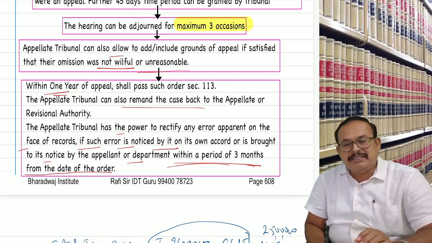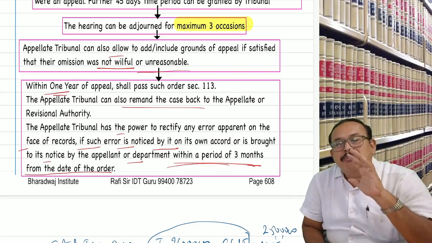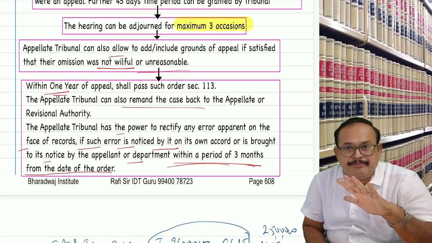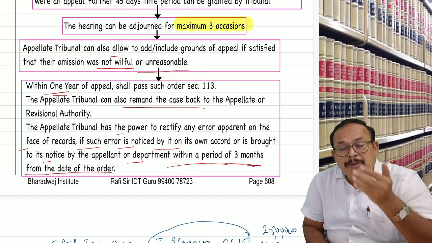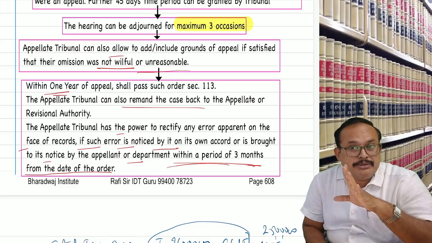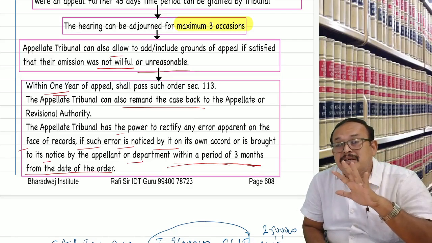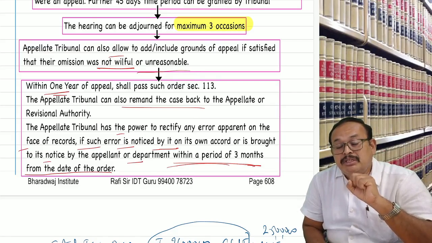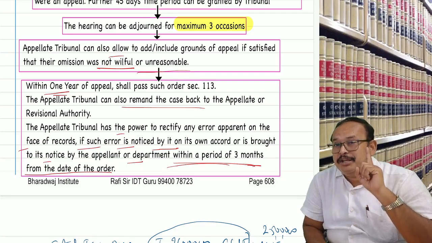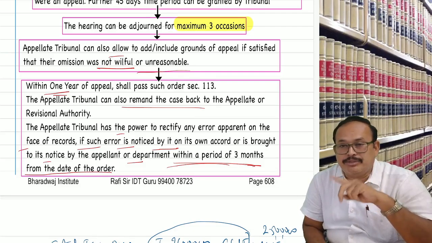Now please come back. With this, the appeal to the tribunal is completed. Against the order of the tribunal, if the department wants to go for appeal, only matters not pertaining to place of supply or anti-profiteering go to the High Court.